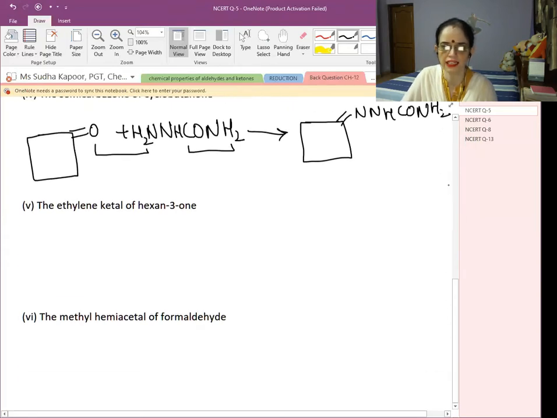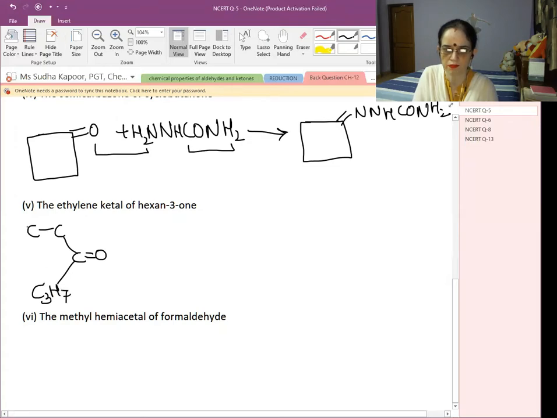Now the ethylene ketal of hexane 3-one. Ethylene ketal, we are talking about the cyclic ketal. And here we will be getting as the hexane 3-one, we will be getting C3H7. So it is CH3 and then CH2. For making the ethylene ketal, we require glycol.